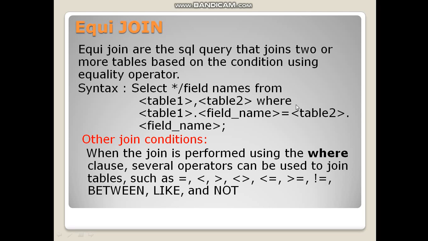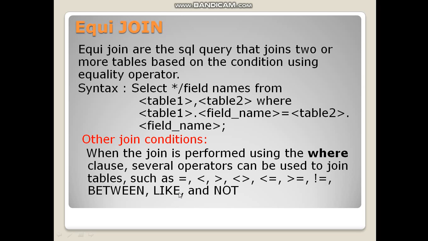So if some fields of both the tables are equal, then based on this condition it will join, and that type of join is known as EqualJoin. Other than the equal to operator, we can also perform different join conditions using less than, greater than, less than or equal to, not equal to, between.